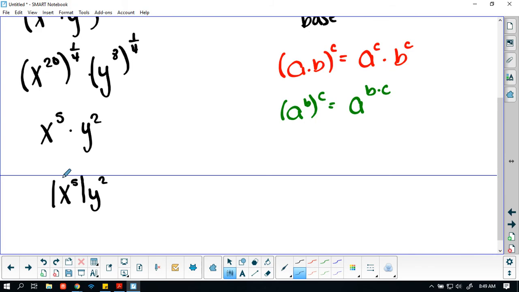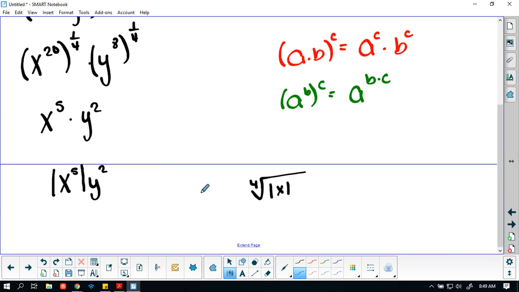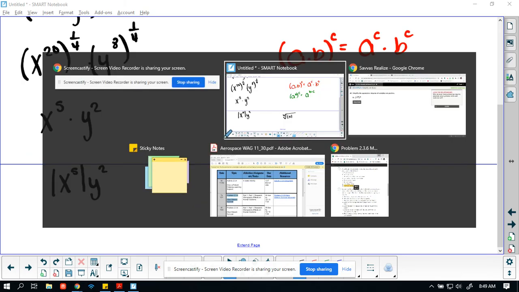I'm doing the common misconceptions from before. Since we're putting it in the radical, we don't want a negative in the radical when you have an even index number. So when you have an even index number, you have to have absolute values in here. If not, then you're going to be looking at the imaginary, the complex number. So there you go.